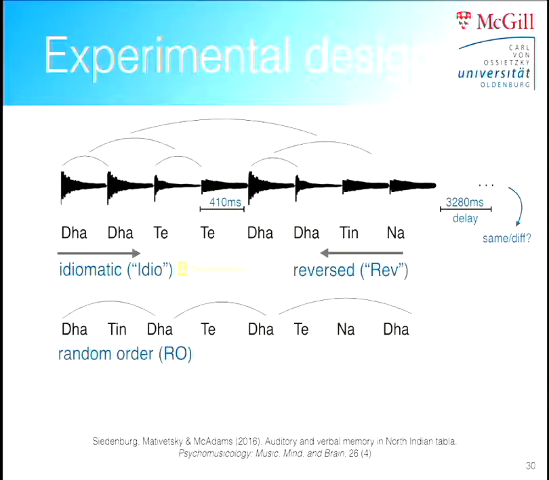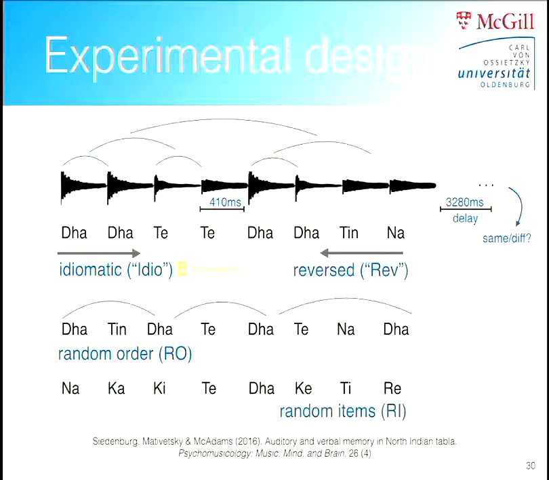The third condition was a random order condition, where for every sequence we retained the set of items, but we scrambled their order. So there you still have affordances for chunking, and you still have structure because you have repetition of items, but you don't have this sort of nested structure anymore.